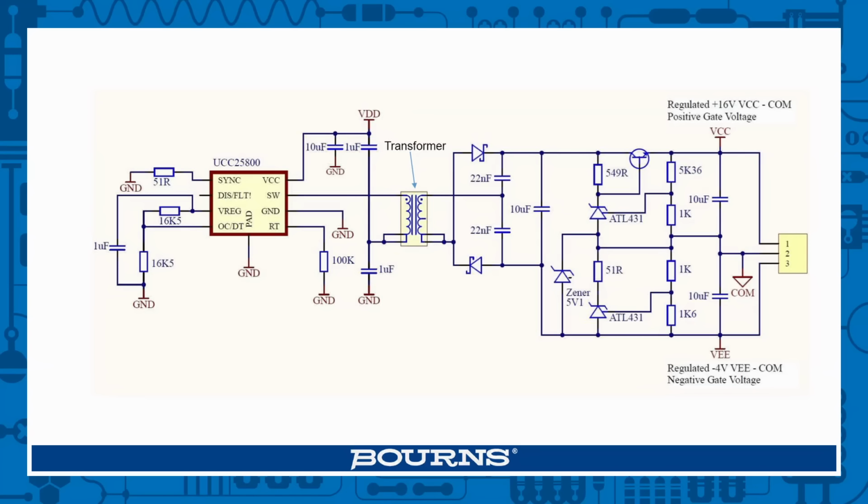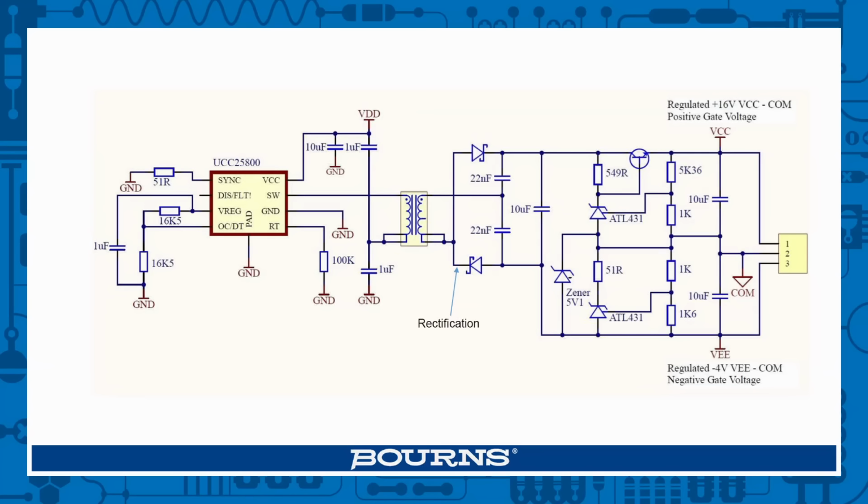And this circuit can operate at any frequency you want, depending on the capacitor and the inductance of the transformer. We have run it at up to a megahertz, and we're able to get up to a couple of watts of power out of a very, very small planar transformer.